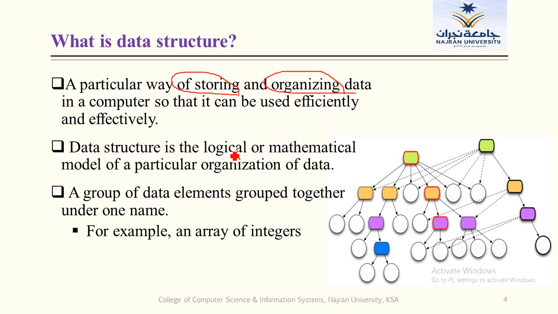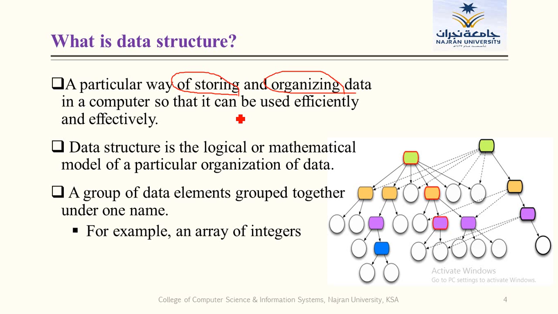Data structure is a way of storing and organizing data in a computer. In a computer, how we can store data and how we can organize data. And if our data is stored in an organized way, it can be used efficiently and effectively. So it will be very easy to use that data.